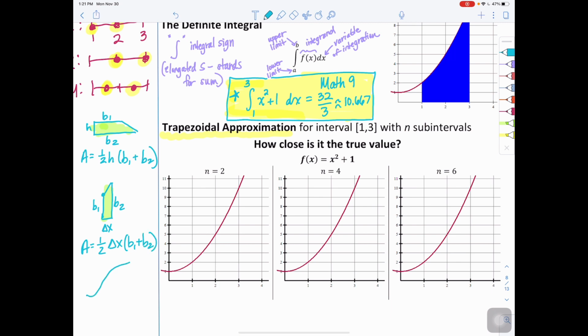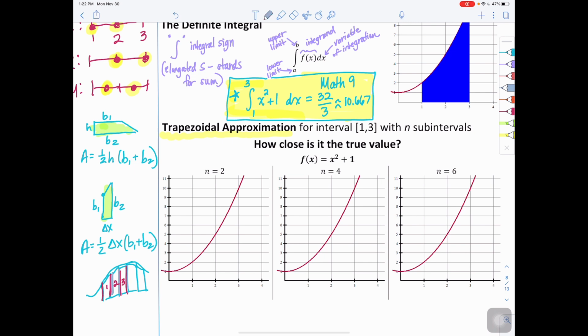Well, what do you notice? If you have a curve like this and you have these trapezoids that kind of follow along this curve, I don't know if I drew those right, but I think I did. What do you notice? You're going to use this side and this side for the first rectangle. Then you're going to use this same side again and this side for the second rectangular area. And then you're going to use this side and this side for the third.